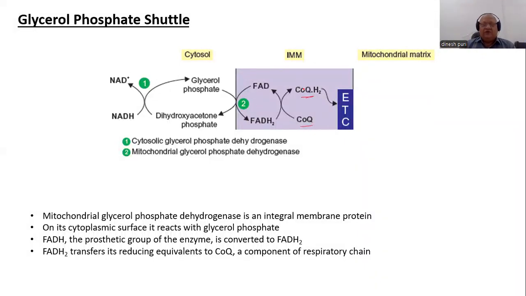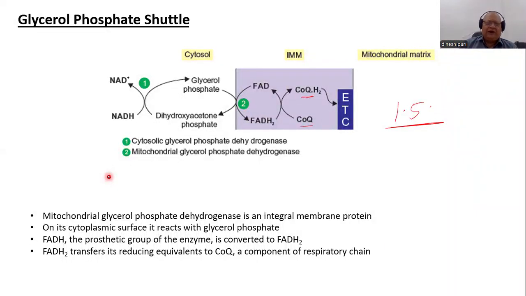So anyway, we have seen that it has an advantage and a disadvantage. Disadvantage first: instead of 2.5, only 1.5. But the advantage is, as you can see, it is much simpler in design compared to the earlier one, the malate aspartate shuttle. Recall, it contained 4 enzyme activities and 2 antiport systems.